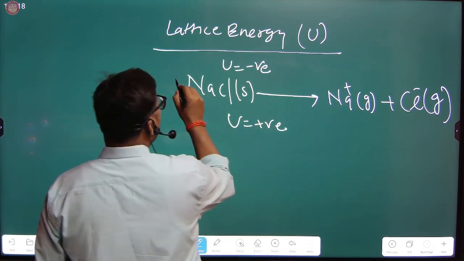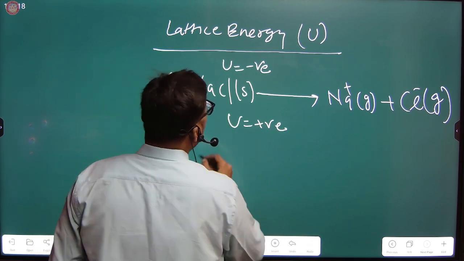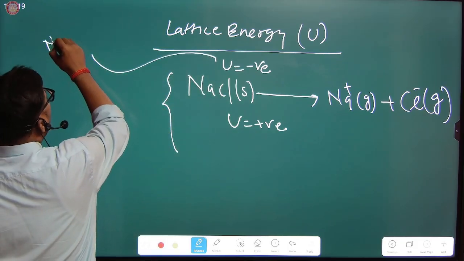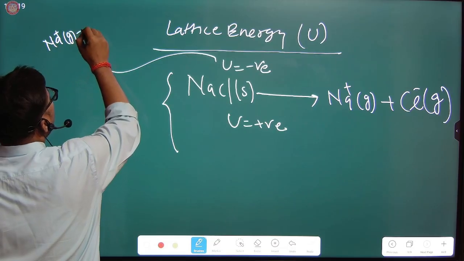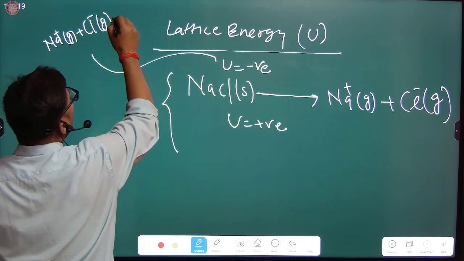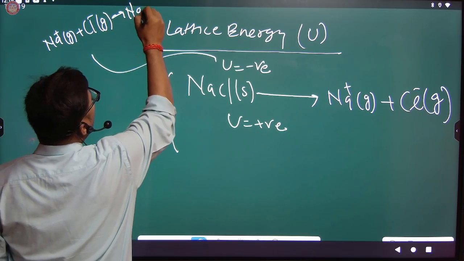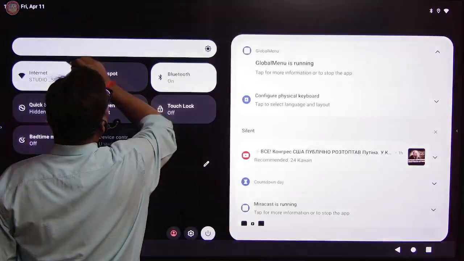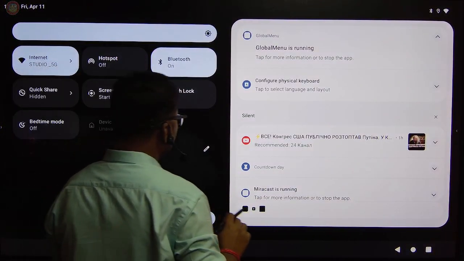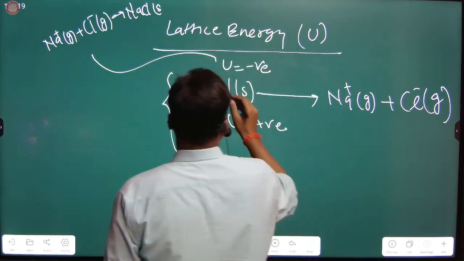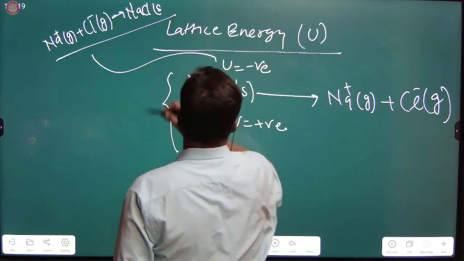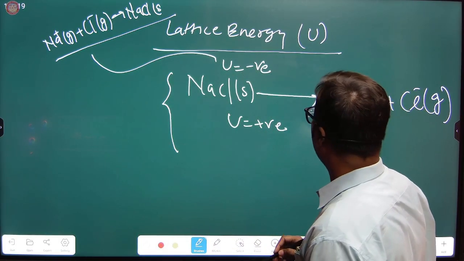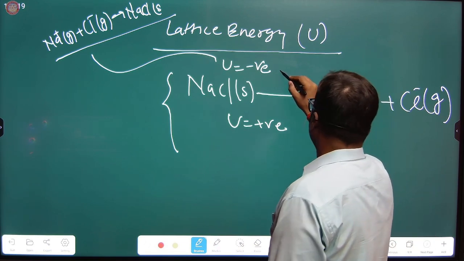The reverse is when gaseous Na plus and gaseous Cl minus form solid NaCl. In this reaction, when the lattice structure is formed, when the ionic solid is formed, the lattice energy is negative.